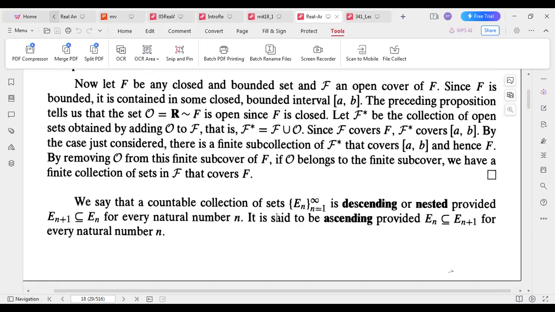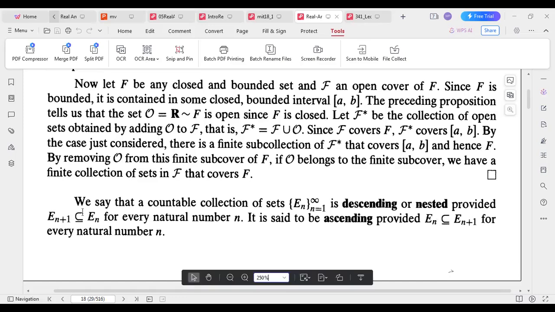We say that a countable collection of sets En, n equals 1 to infinity, is descending or nested, provided En plus 1 is a subset of En for every natural number n. It is said to be ascending provided the reverse inclusion holds for every natural number n.